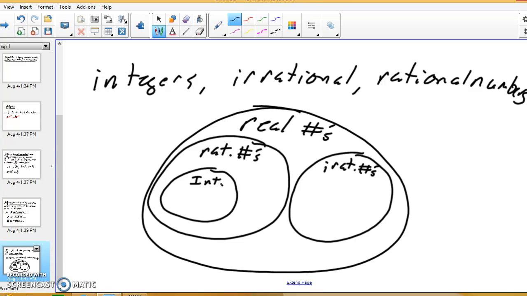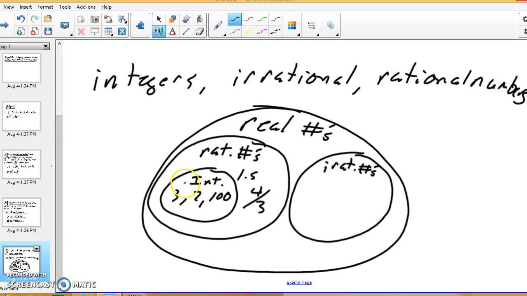So again, some examples of this. All of these numbers are real numbers, but inside the rationals, we would have numbers like 1.5 or 4 over 3. Again, numbers that can be written as ratios or fractions. But inside the rationals, you also have whole numbers such as 3, 7, 100.